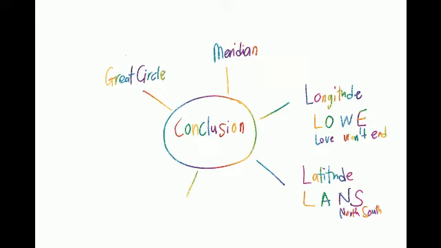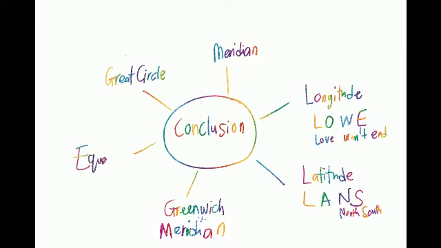And then what you need to remember is the Greenwich Meridian, this is for longitude, and the last one is the equator, this is for the latitude. Okay, that's all. Good luck.